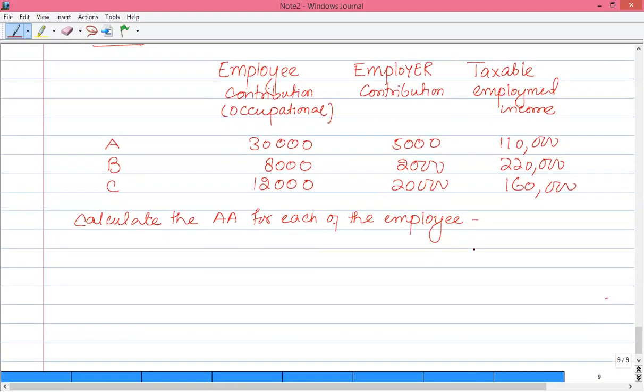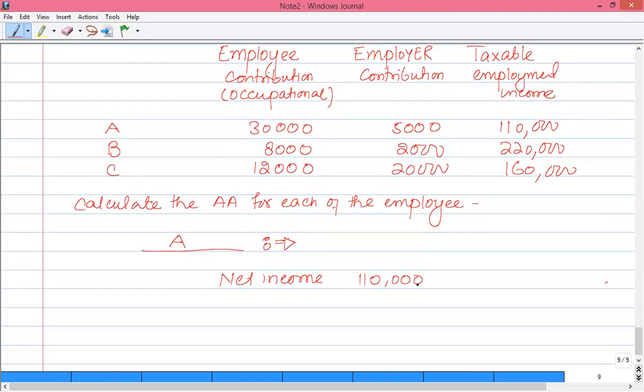So let's work out for each employee one by one. As far as employee A is concerned, let's find out the adjusted income. Net income is 110,000, and you have to add employer contribution, that is 5,000.